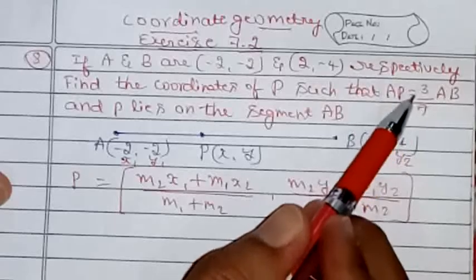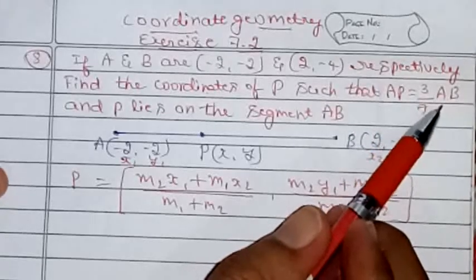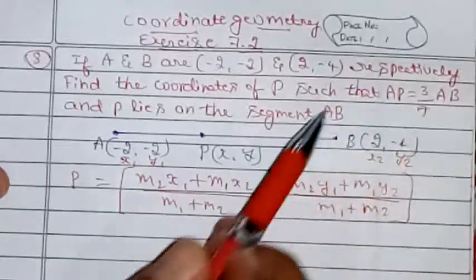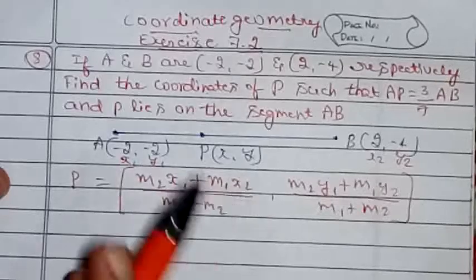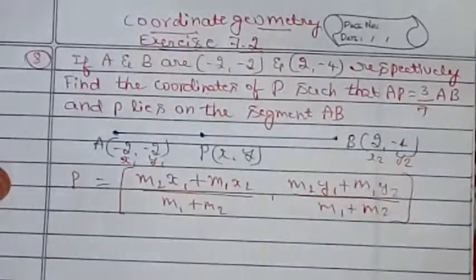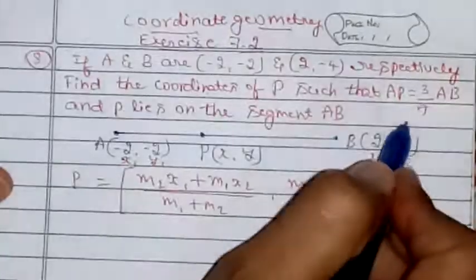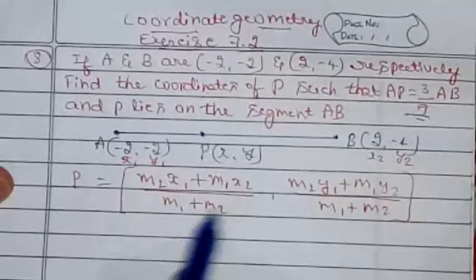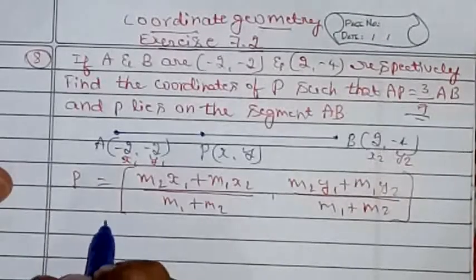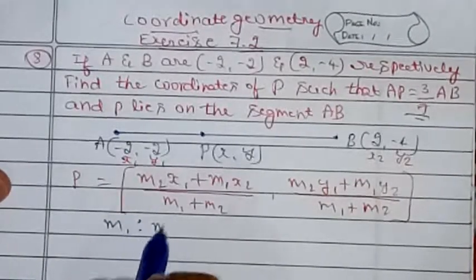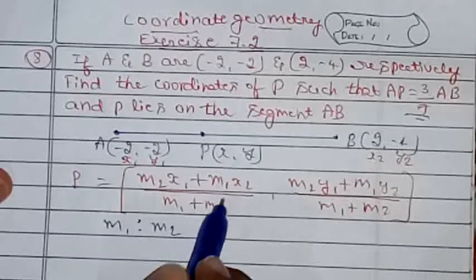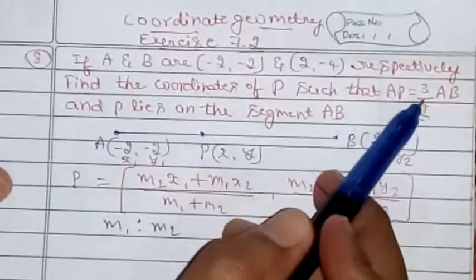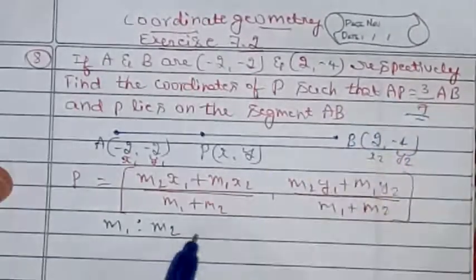This much only they have given. So by using this condition, we need to find the ratio, that is m1 is to m2. So by using this condition, we can find the ratio, right?